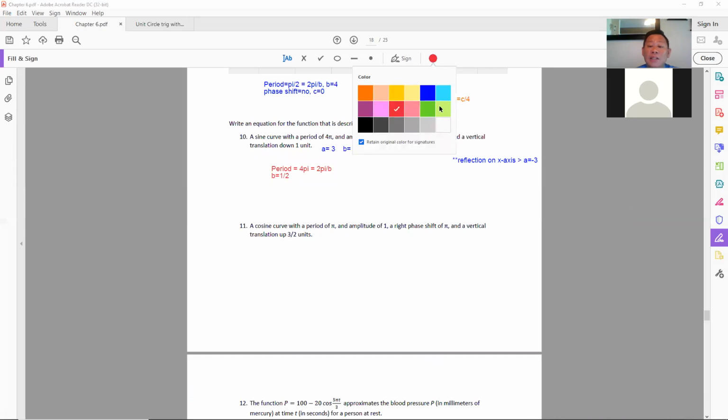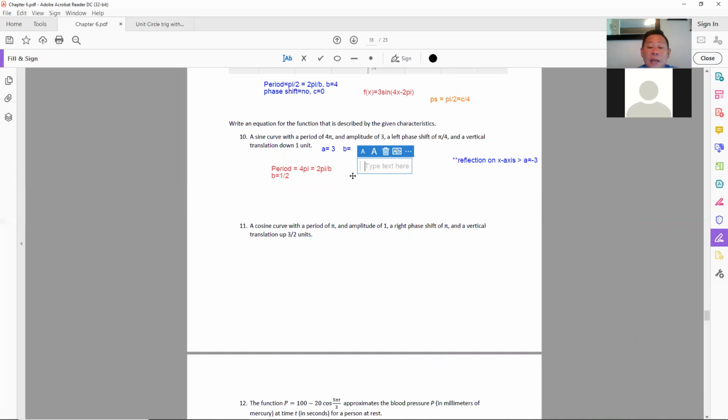Next, we're going to find your C. C here is going to be the phase shift. Since the phase shift in this case is to the left of pi over 4, left means it has to be a negative, and then it will be pi over 4.